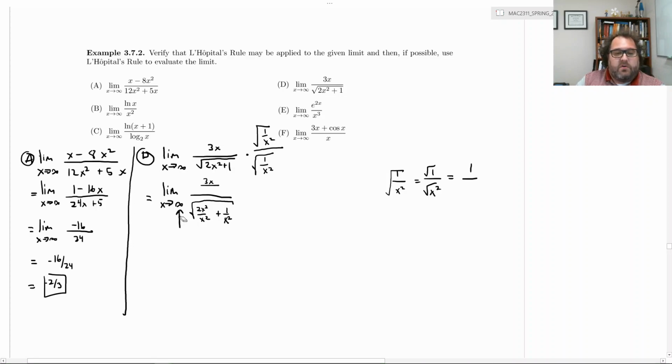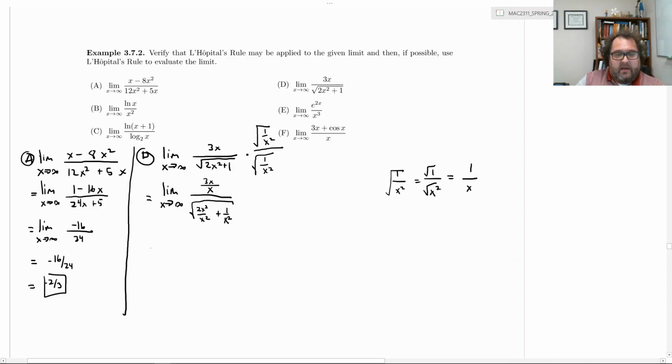We don't have to worry about the absolute value business. We know that reduces just to 1 over x. So the radical of 1 over x squared is equal to 1 over x because we're working with positive numbers. So I can multiply by 1 over x, or just divide by x.